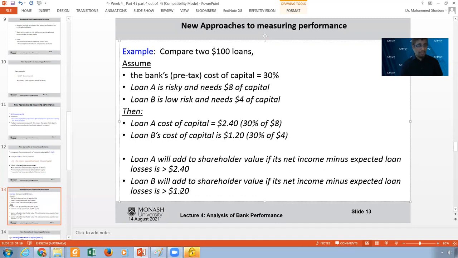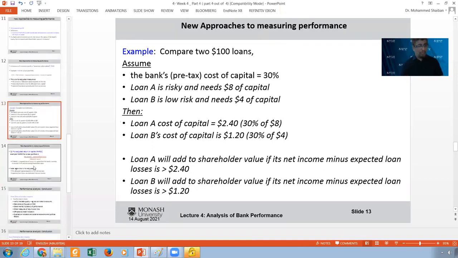The same thing applies to B: when net income minus the expected losses is still over 1.20, I still have an economic value after I cover my cost of capital.